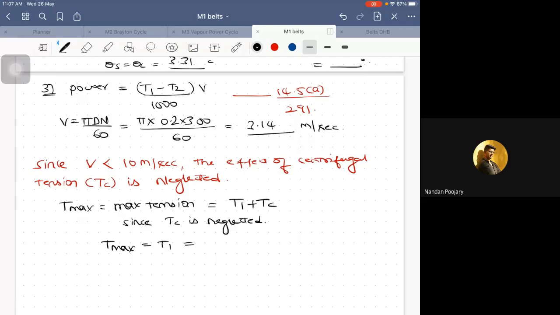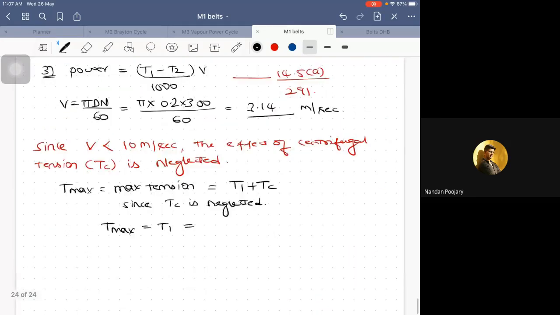T max, what is the value given? 1 kilonewton. So T1 is equal to 1 kilonewton, or I can write it as 1000 newtons. Clear?